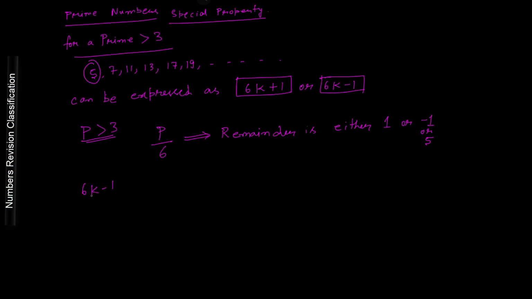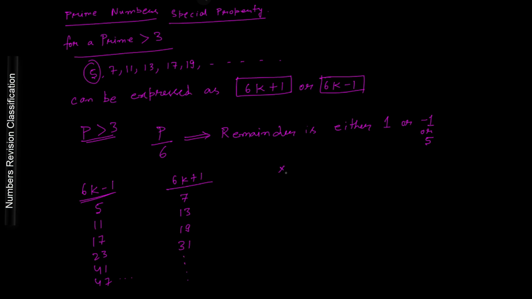I'll list down a couple of them. In 6k minus 1 format, you can see 5, 11, 17, 23, 41, 47, which are prime numbers of the form 6k minus 1, and there are millions of others. Similarly, for the structure 6k plus 1, the prime numbers are 7, 13, 19, 31, and so on.